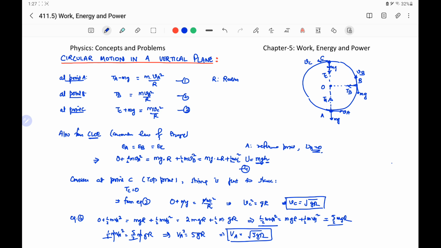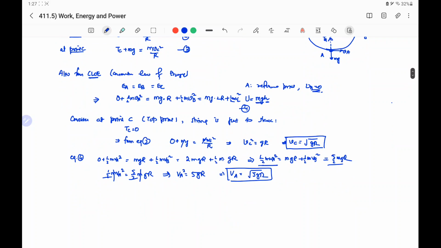And similarly, we can find the velocity at point B, for which we have mgr plus half m vB square equal to 5 by 2 mgr. This implies that half m vB square is equal to 5 by 2 mgr minus mgr, and this will be equal to 3 by 2 mgr.